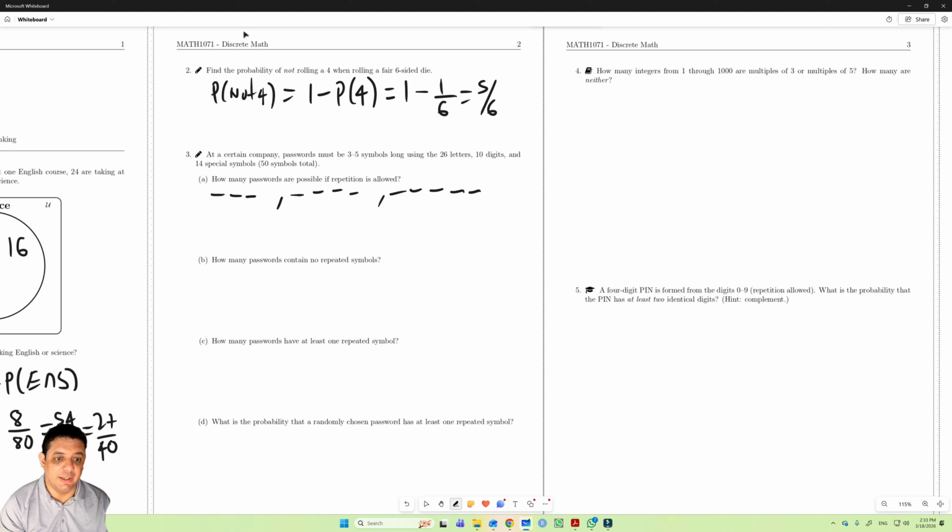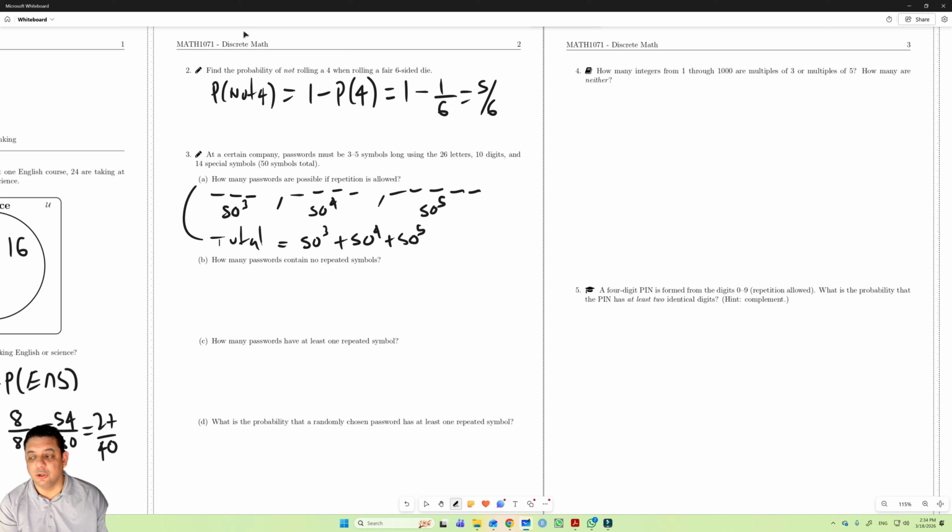If we're picking a password with repetition allowed, then this is going to be 50 to the power of 3, this is 50 to the power of 4, and this is 50 to the power of 5. And the total is just the sum of those 3 situations, since they're independent.